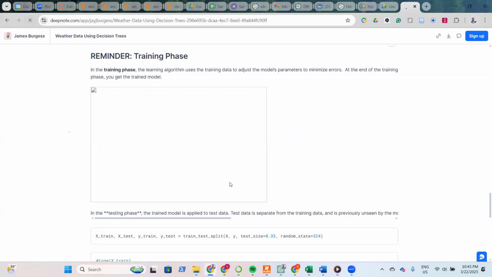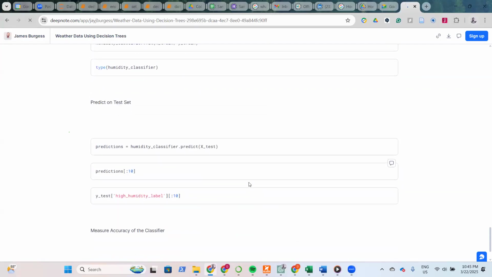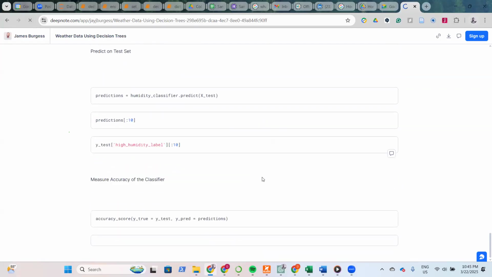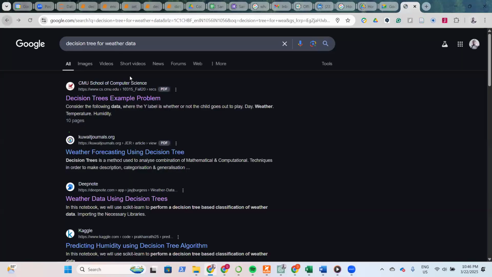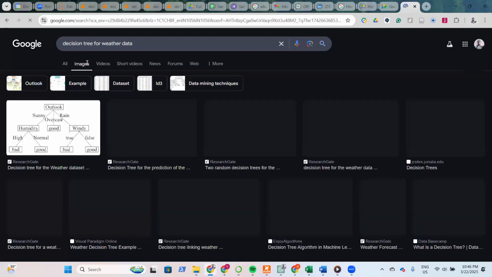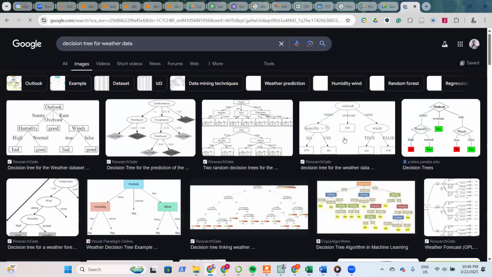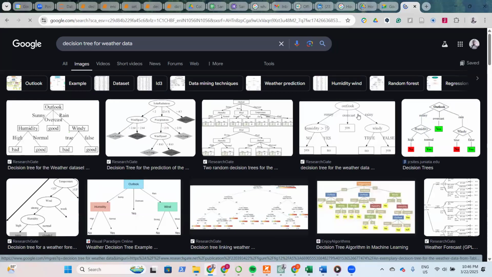It's not loading my data. I wanted to show you the tree. I'll come back and go straight to images. That should help me. Okay.